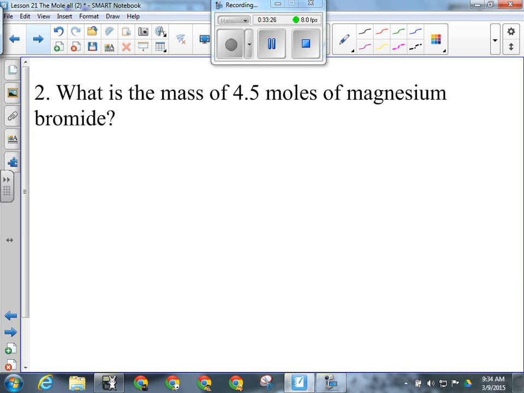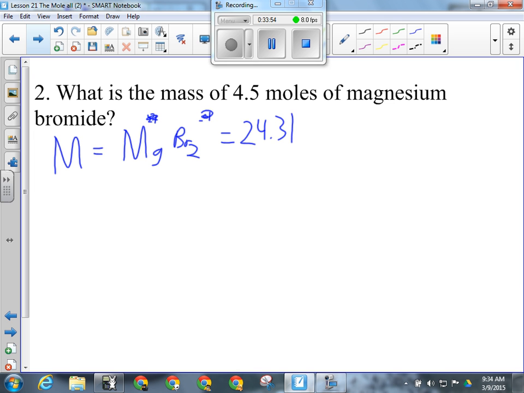For number 2, what's the mass of 4.5 moles of, now I gave you it in words, magnesium bromide? They told me what the substance is. So magnesium 2 plus, bromine minus 1, so I drop and swap. There's my formula. Can I calculate the molar mass now? Yeah. For magnesium, we got 24.31, and we add that to 79.90 times 2.